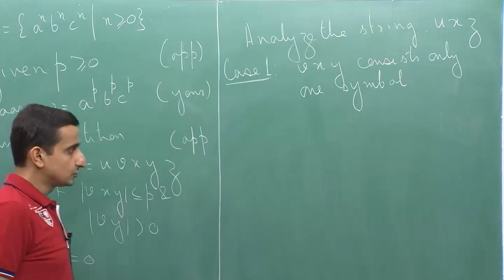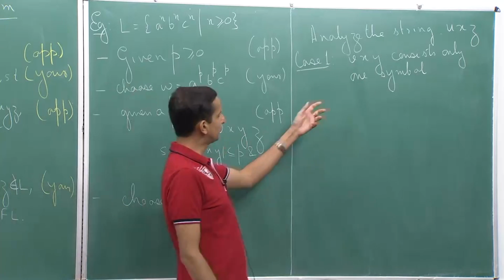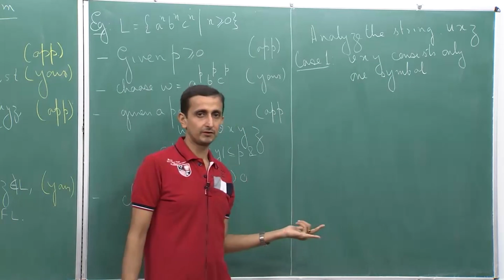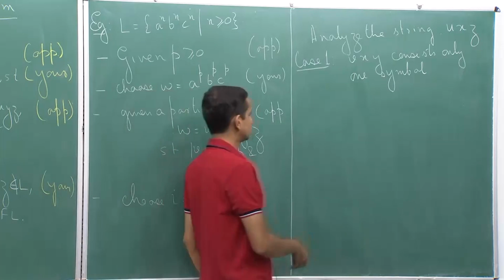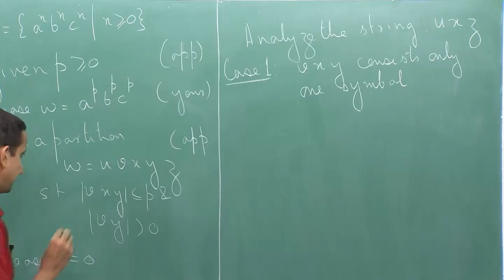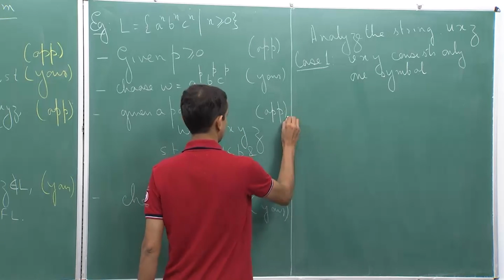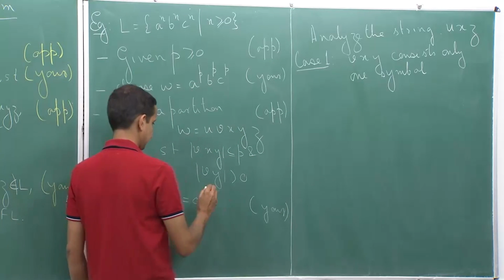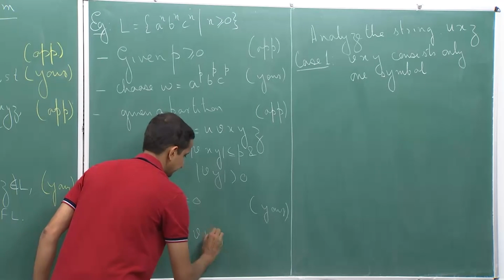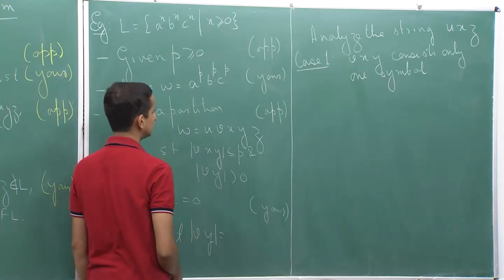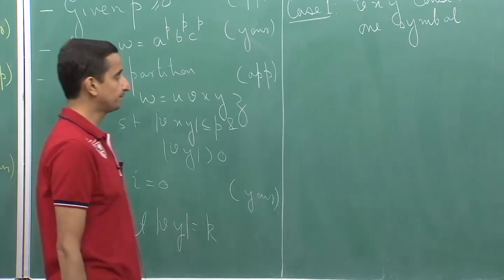Okay. So, if vxy consists of only one symbol, what happens if I remove v and y from that string? What we know is that the length of vy is greater than 0. So, let vy have length equal to some k, where k is a number greater than 0.